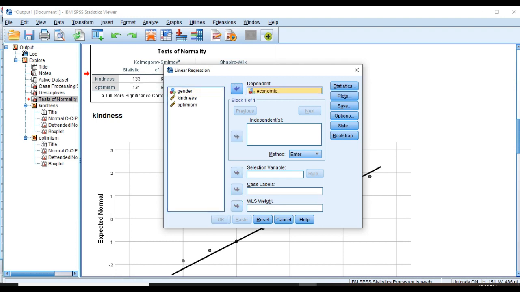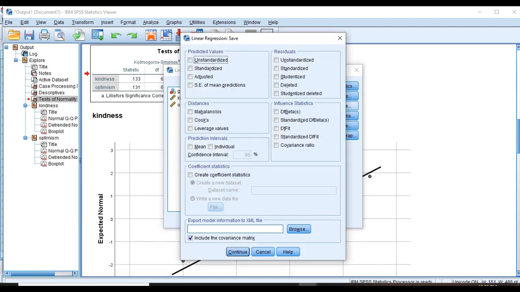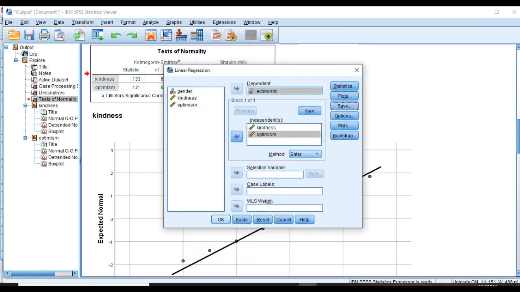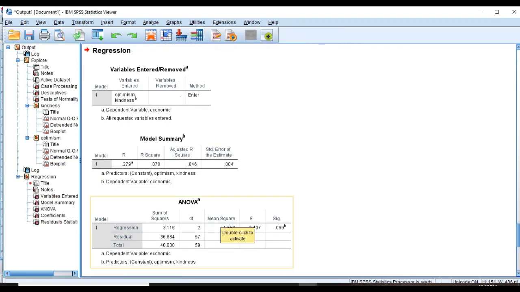Here I put economic into the dependent box and optimism and kindness into independent, and then Save, check Mahalanobis, and Continue, then OK.